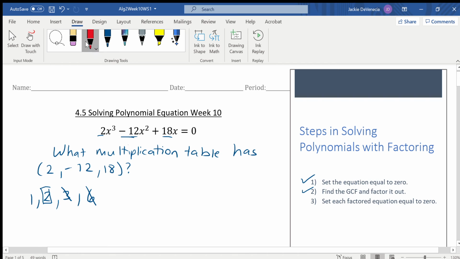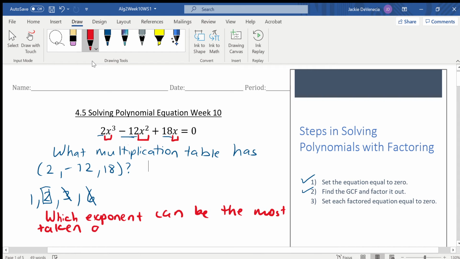Now let's turn our attention to the variables. So we have x cubed, x squared, and an x. When we're trying to factor out the variables, we need to ask ourselves which exponent can be taken away the most.